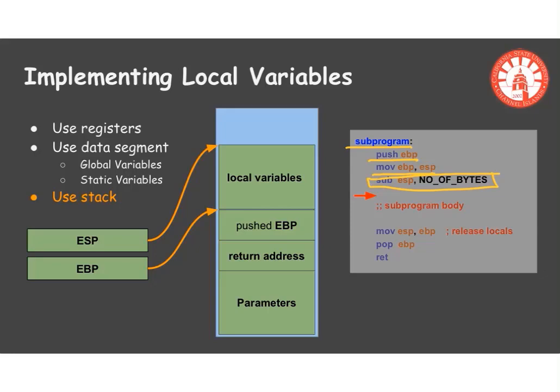Each element in the stack, for example, is 4 bytes, so by saying sub ESP, for example, 4, you make one space available in the stack. And if you say sub ESP 20, then you make 5 spaces available in the stack, and the stack pointer is pointing to here, and all these spaces are going to be allocated for you to use within your function.